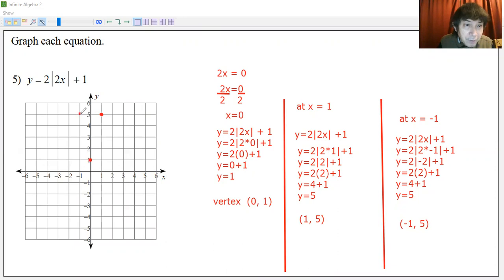Now we shall connect these using straight lines, and this is our graph. Imagine if we had used 2, we would have 9, and that point would be somewhere here.